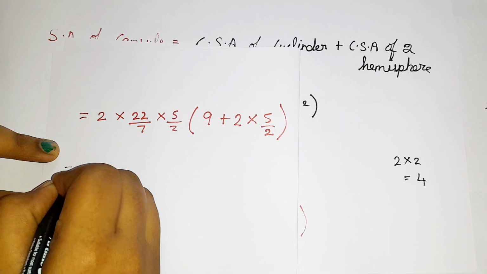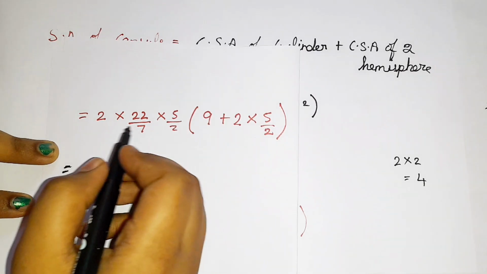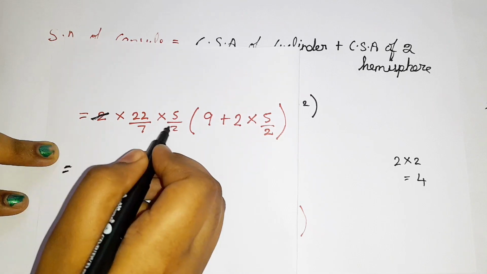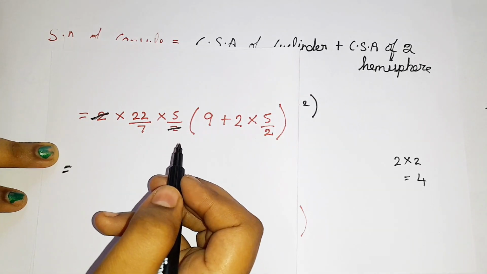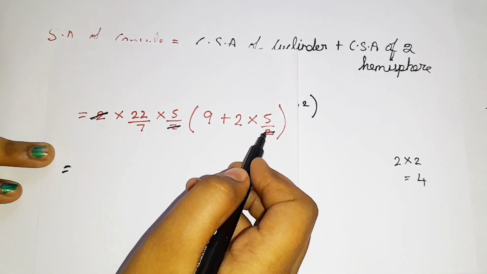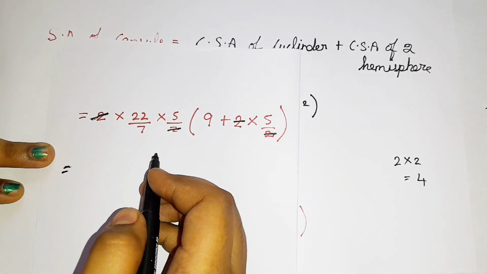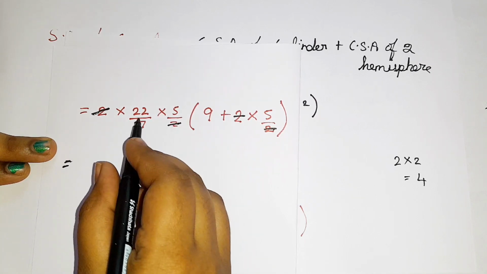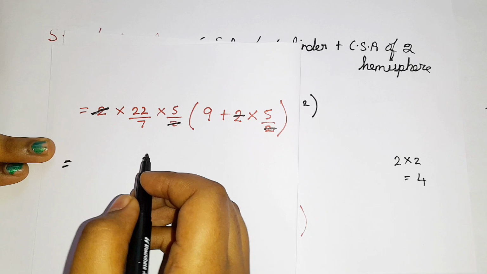So let us solve it. I have 2 here and 2 here as well, so I can just cancel it. So here 9 plus 2 into 5 by 2. Here also I can cancel it like this. Am I right?